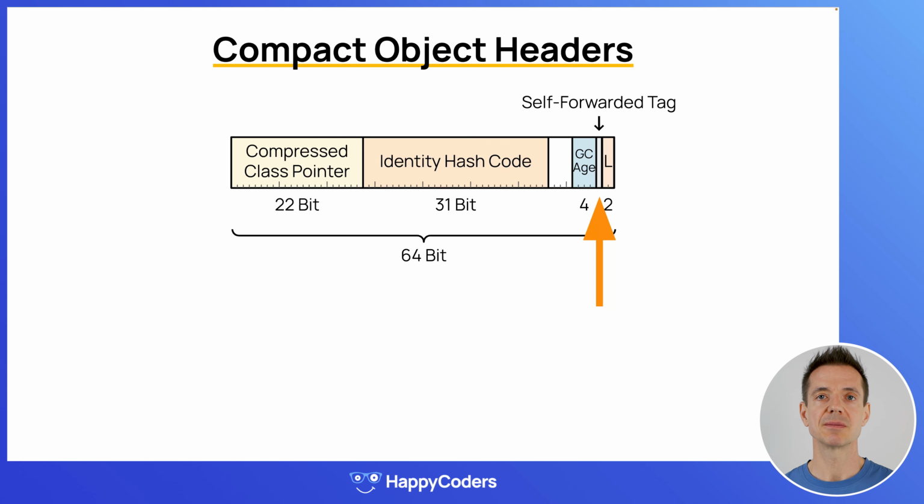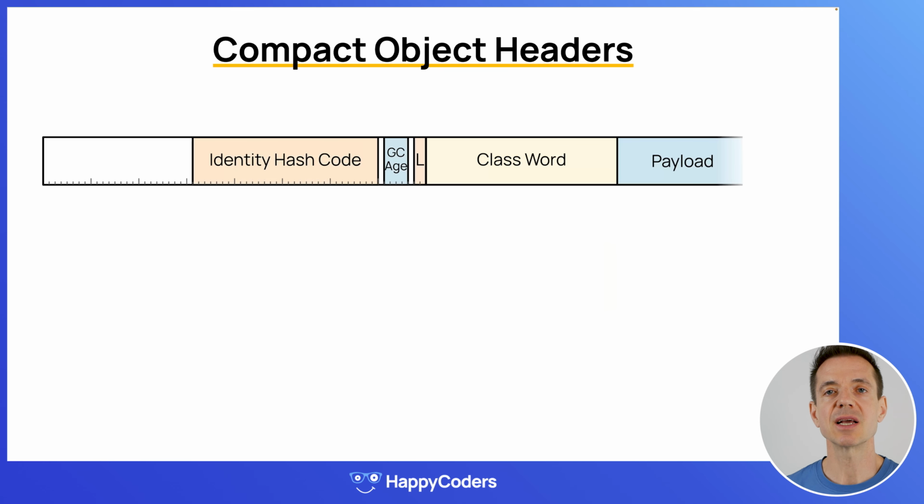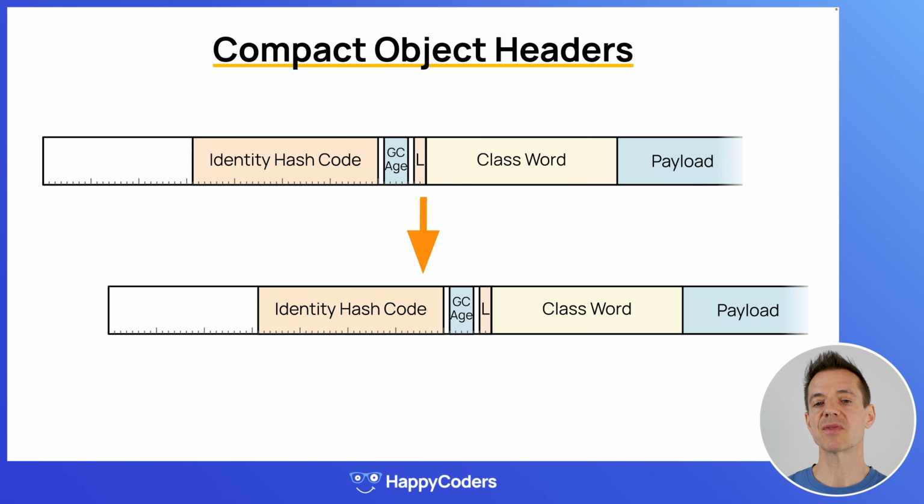What's that about? Here you can see the old header again. The Lilliput team faced yet another challenge. Not only stack locking modifies the mark word, but some garbage collector algorithms do as well. When the garbage collector moves an object to another location, it first creates a copy of the object, including its header.